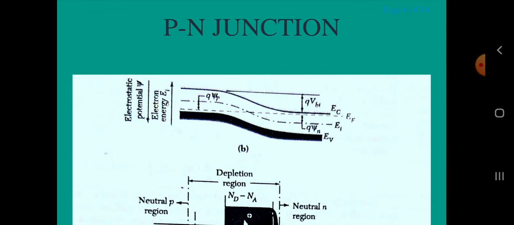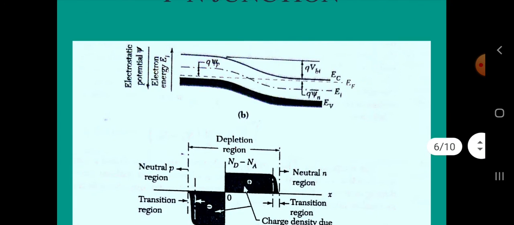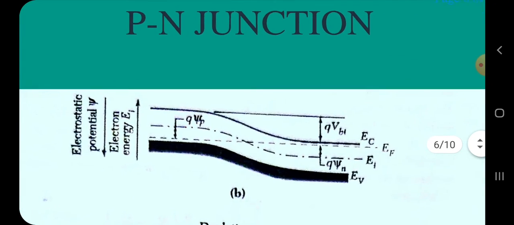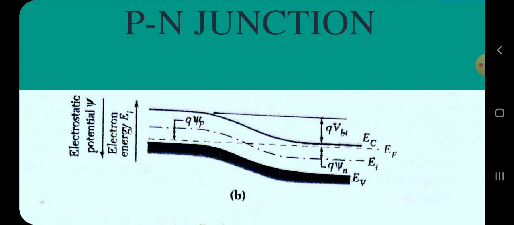When we join the bands at the junction, we get a figure of this type. This figure is for an abrupt pn junction, a pn junction with abrupt doping changes at the metallurgical junction. This is the energy band diagram of an abrupt junction at thermal equilibrium.